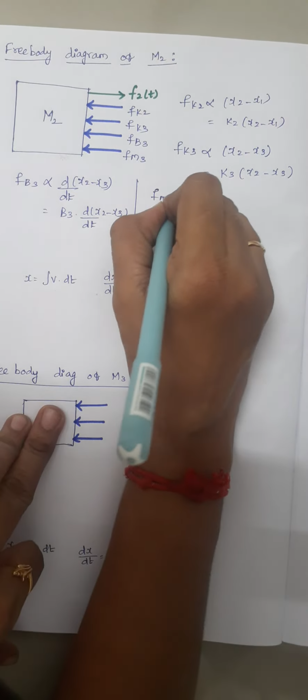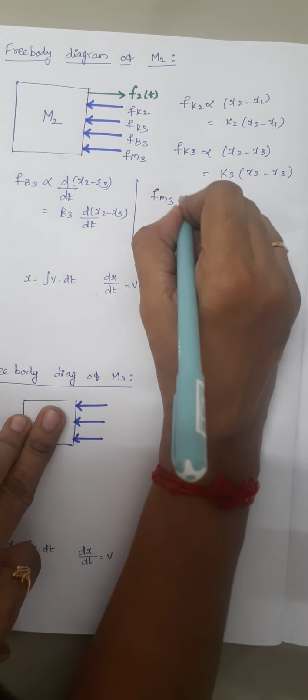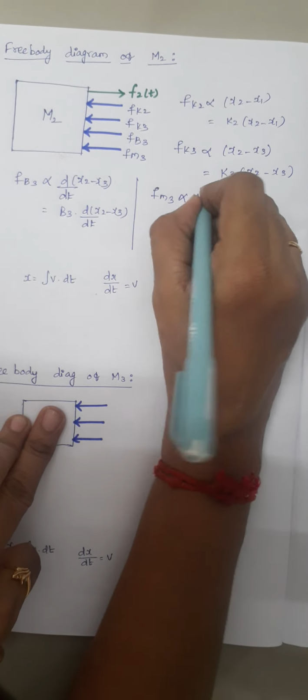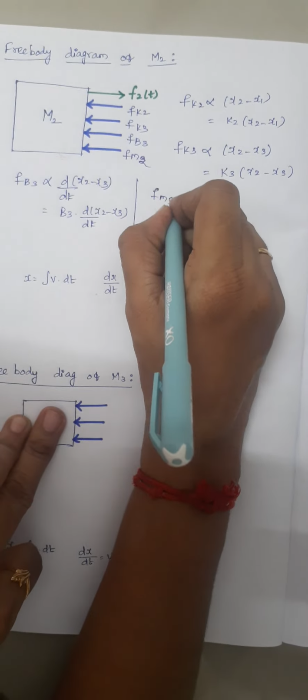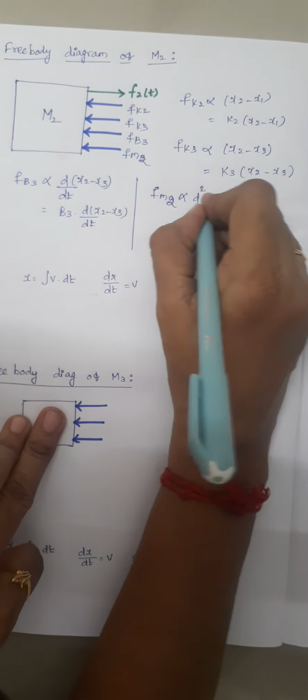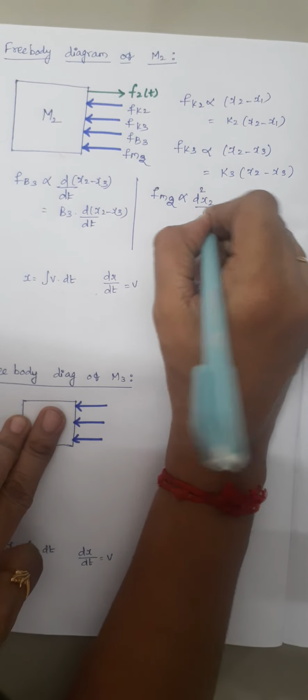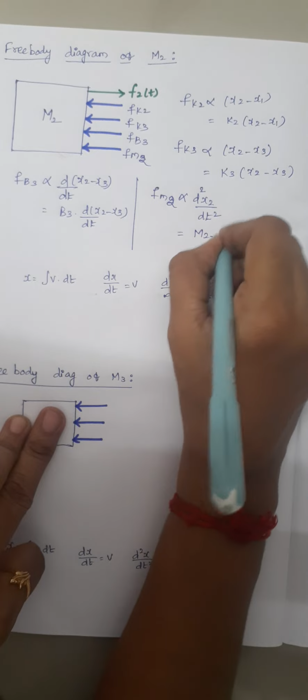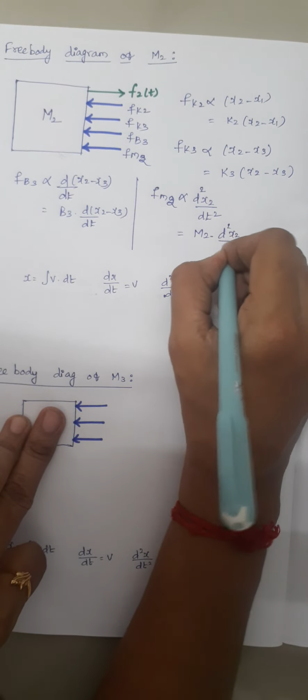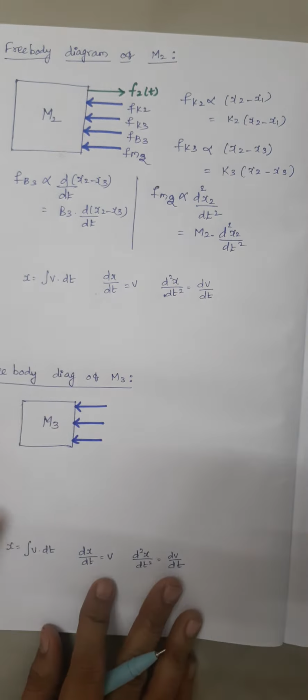As we all know, the opposition force produced by mass is directly proportional to acceleration. So this will be Fm2. Fm2 is directly proportional to d square x2 by dt square. Again when you include the proportionality constant, that becomes m2 into d square x2 by dt square. Right.